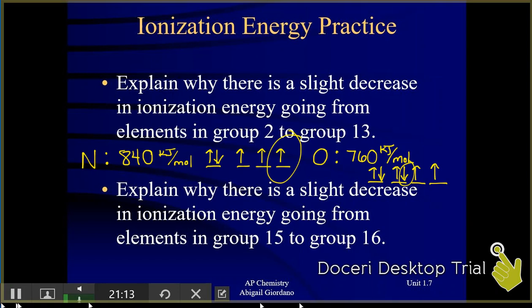So what are we taking away from nitrogen? We're trying to take an electron away from a half-filled 2p sublevel, whereas in oxygen, we're just taking an electron from a partially filled sublevel.